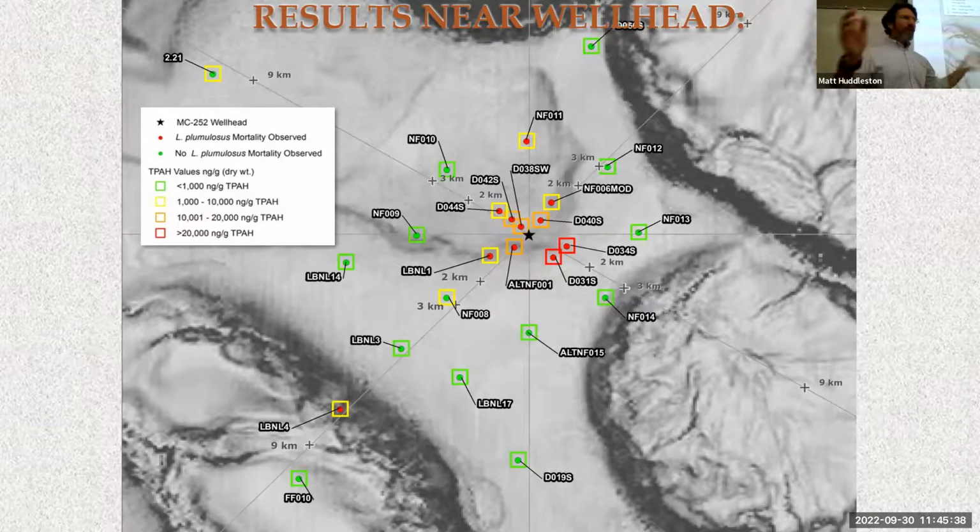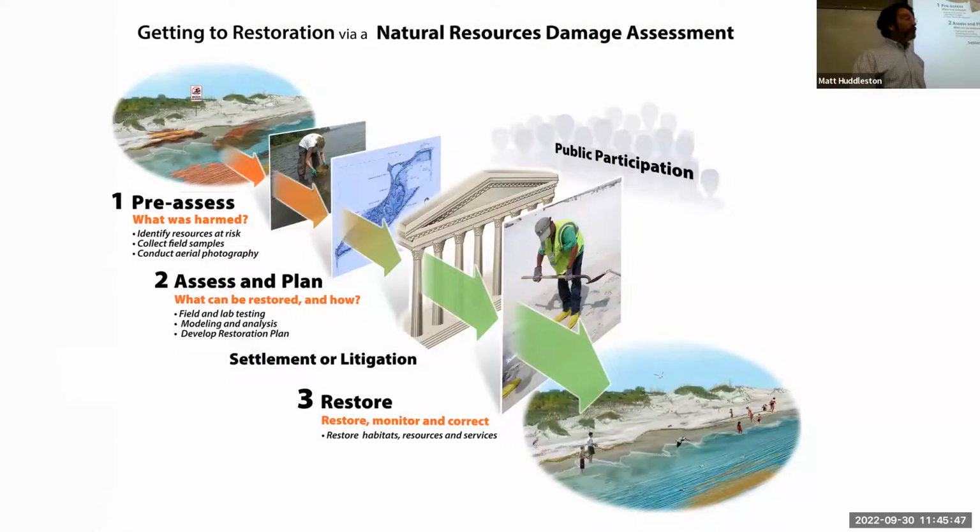That's just one. There were a number of studies to assess the injury on the seafloor, but this was one of them that was, I thought, pretty telling and turned out to be informative.